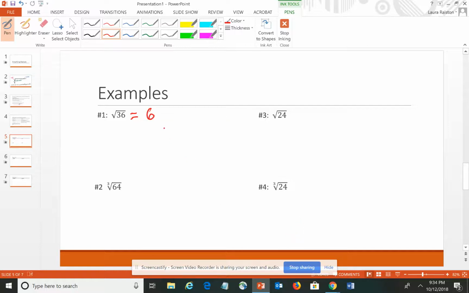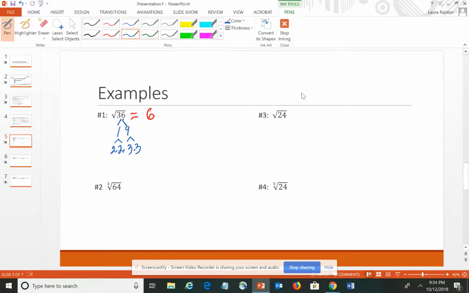Now again, if you want to use the factoring method and you don't recognize that as a perfect square, I can break this down and think, what times what is 36? I could think it's 4 times 9, and then 4 is 2 times 2, and 9 is 3 times 3. So in factored form, I have 2 times 2 times 3 times 3.